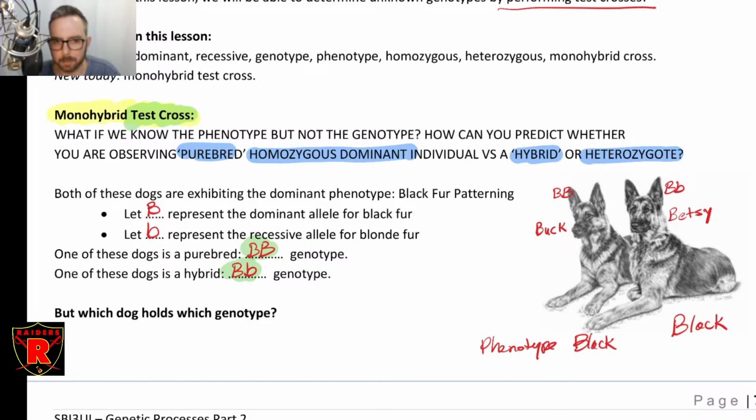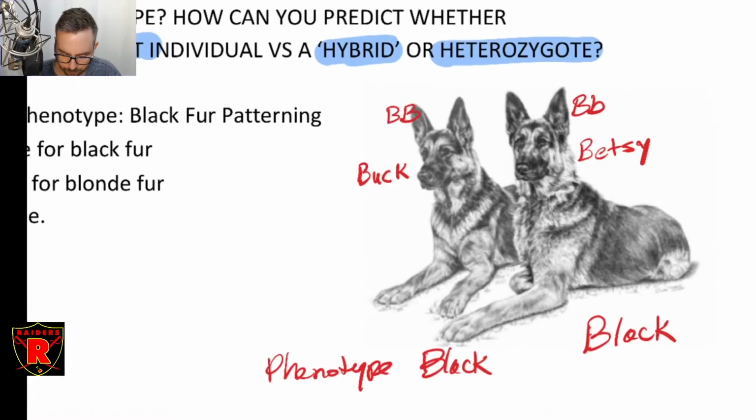There is the dominant black, and there is the recessive blonde, okay? We have two dogs, and we want to figure out, one of them is a purebred and one of them's a hybrid. A hybrid, by the way, means a heterozygote. It means it has a recessive allele in it somewhere, okay? And we want to know which of these is a purebred that we can use to breed dogs, and which one of them is the hybrid, okay?